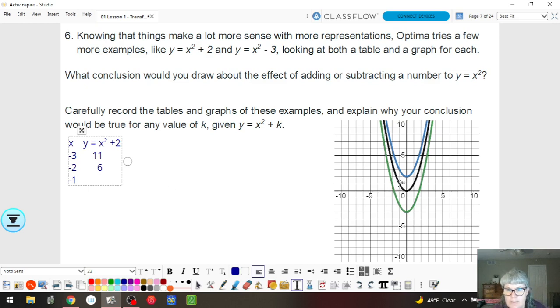Negative 1 here is up 1, 2, 3. 0 was at 2. 1 was back up to 3. 2 was back up to 6. And 3 was back up to 11.